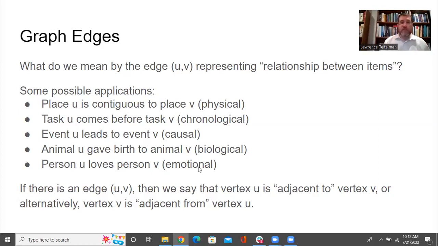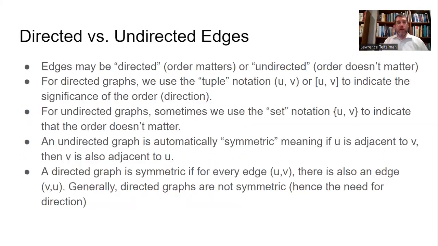What about emotional? Is that symmetric? Oh, so the world would probably be a better place if it was, but unfortunately, it doesn't always work like that. Okay. So that's one of the things we have to understand about relationships. That's one of the things we have to understand about a graph: is it symmetric or is it not? If some of the edges are bidirectional and other ones are not, we don't count that as symmetric. Symmetric means it's got to always be true. All right, so that's this directed and undirected, right?